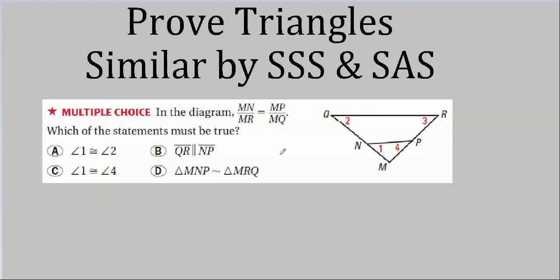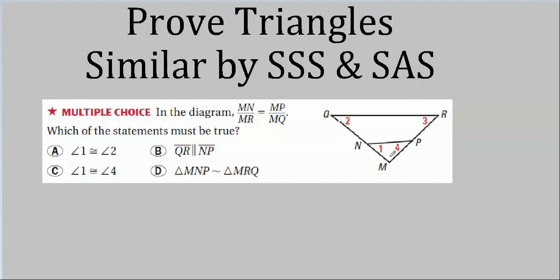But what about this here? Well, the side of this triangle and the side of the larger triangle are in exactly the same proportion as this triangle to this larger triangle. So if we had an included angle that was congruent, we could use SAS. Well, they both have the same angle here.